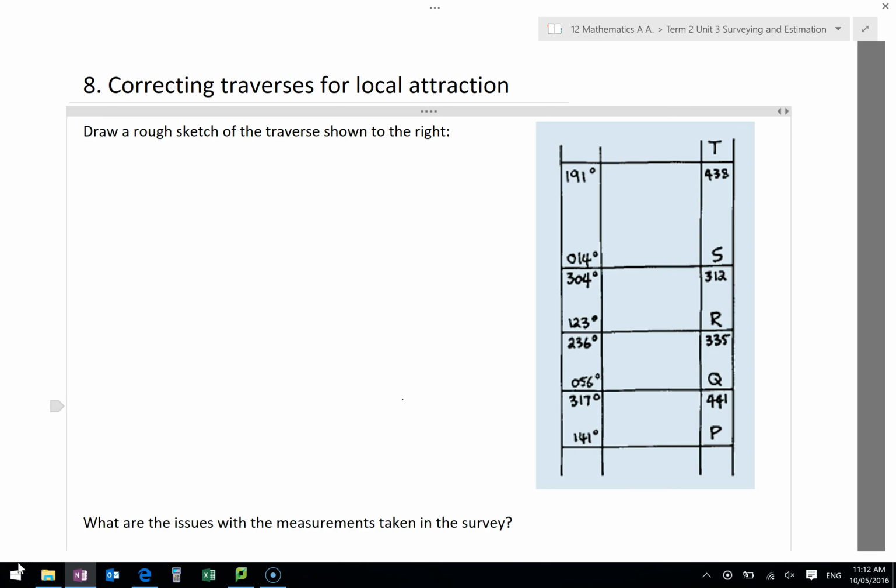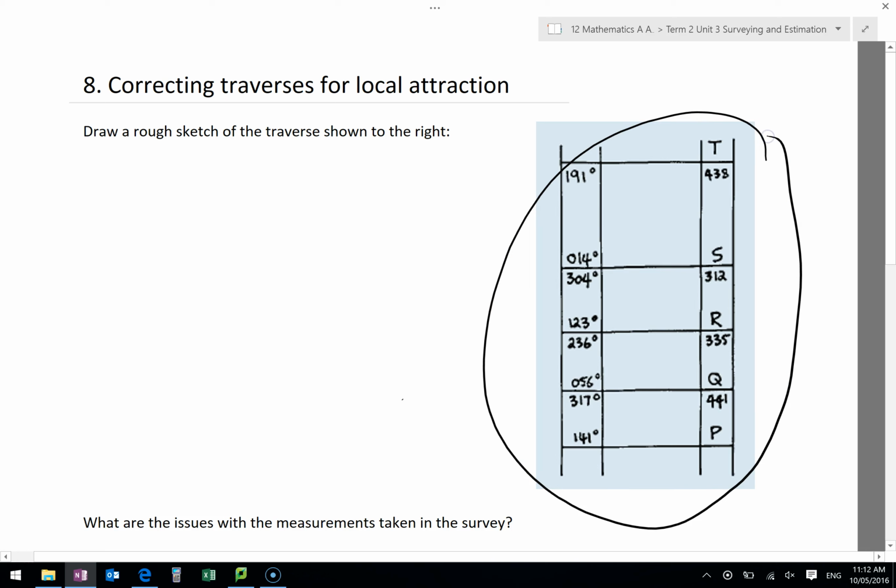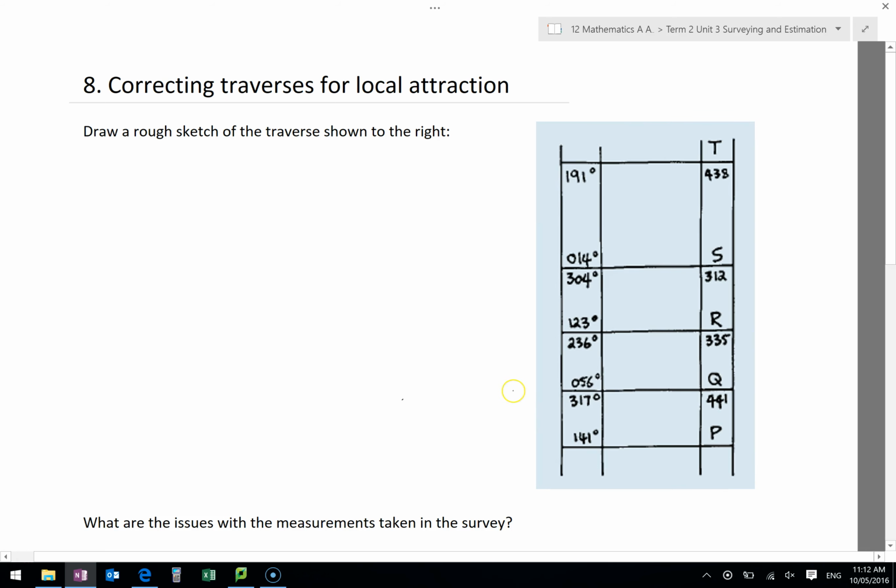The purpose of this video is to look at how we can correct traverses for local attraction. So we've got a traverse here. It's an open traverse, and we think there's a few errors in it. The reason is that in some of these legs, remember this is the bearing and this is the back bearing, the difference between these two should be 180.